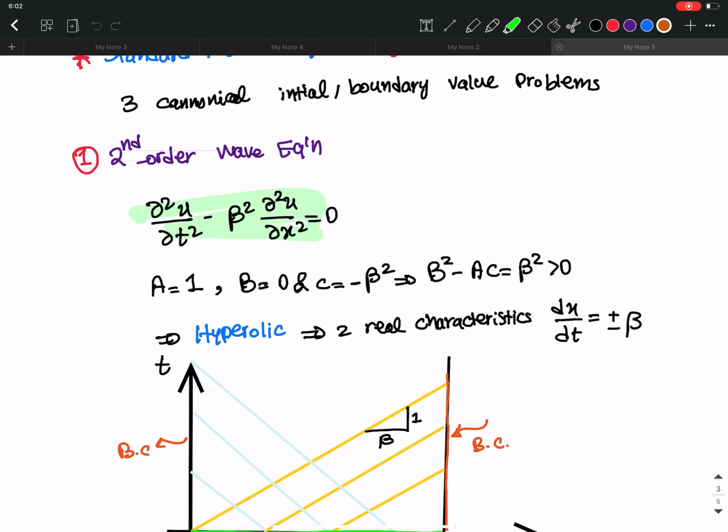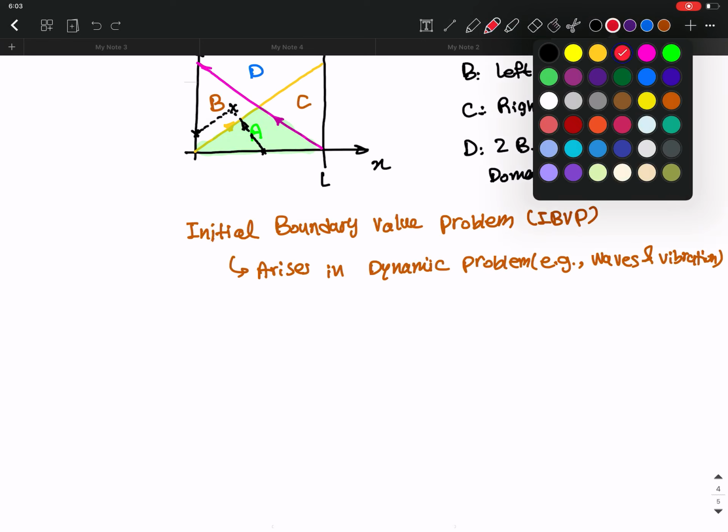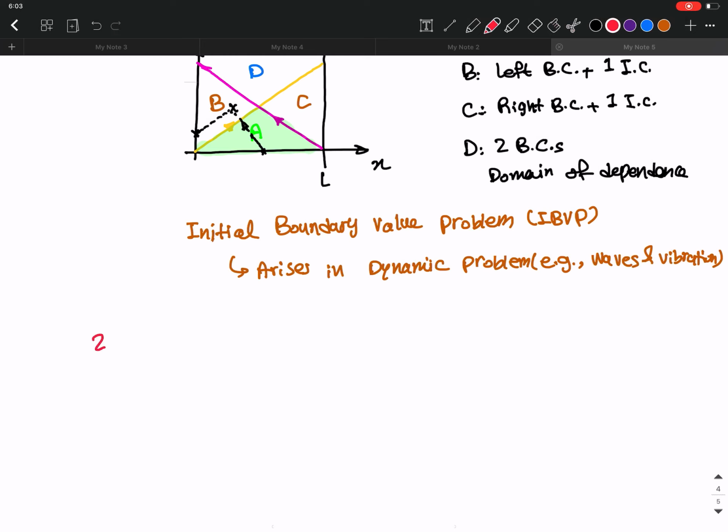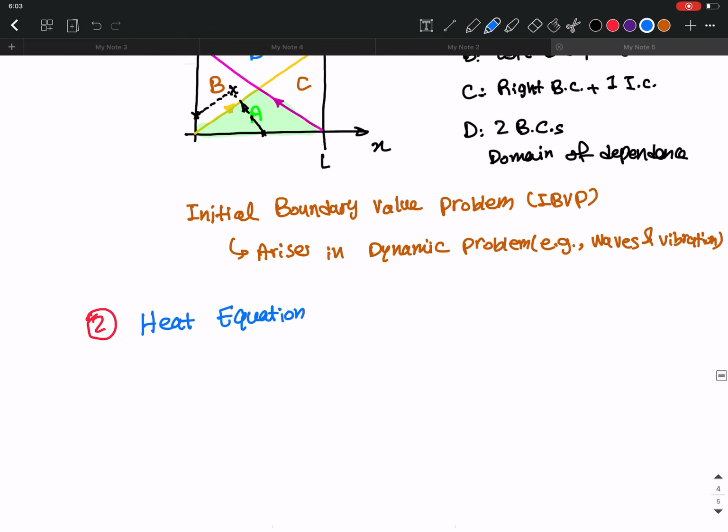Okay, so let's go to the second canonical problem, or standard model equation that we investigated. So the second one is the heat equation.